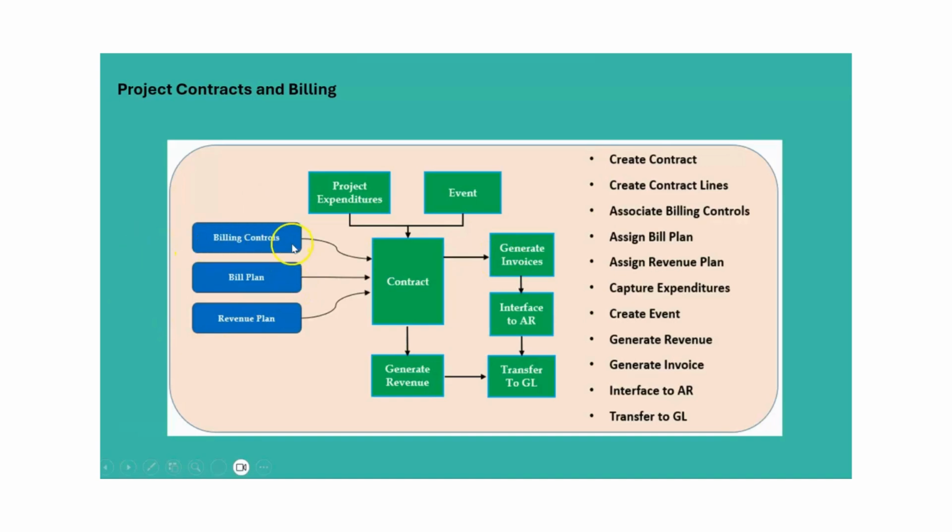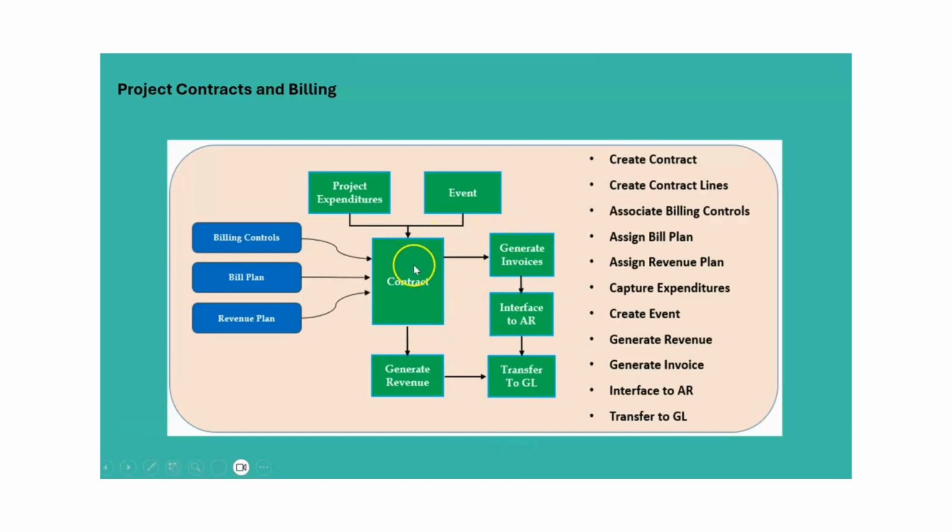So the billing controls, the bill plan, the revenue plan, they will all be defined in the contracts and get utilized when you execute a contract with the help of a project. So once you have the project, once you have already tracked your cost, you distribute that cost, then what happens is you generate your revenue, you bill your client, right?